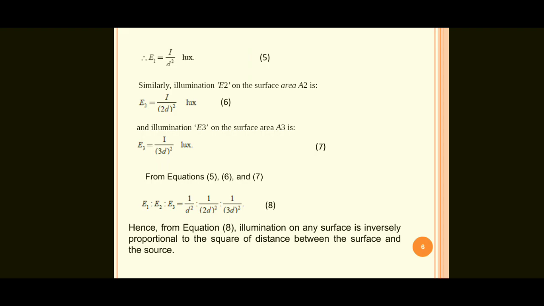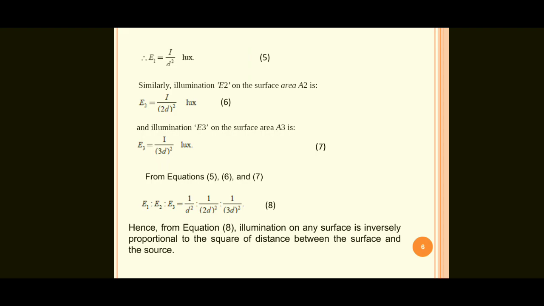So E1 equals I by d square lux, meaning the illumination is represented with the unit lux. This goes to equation number 5.